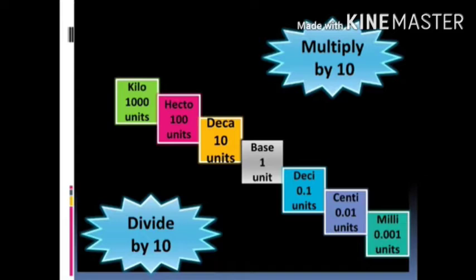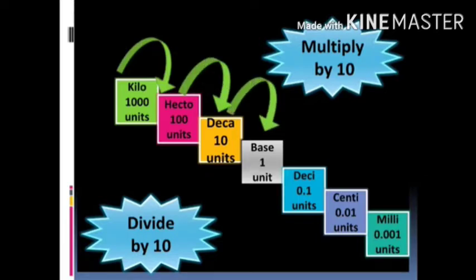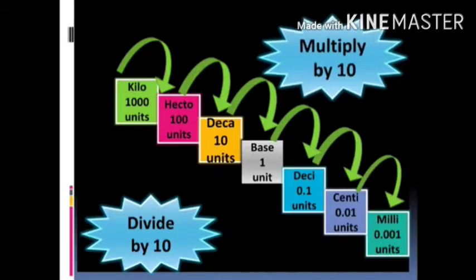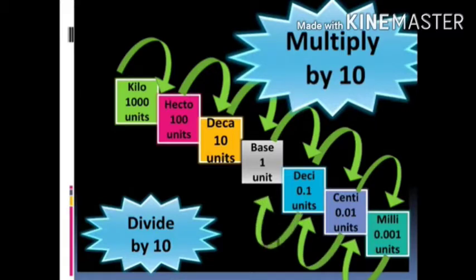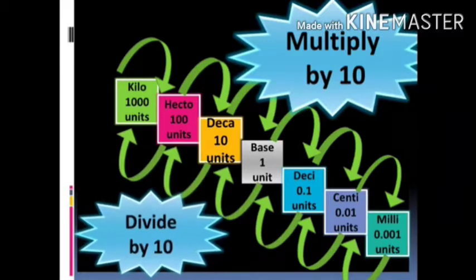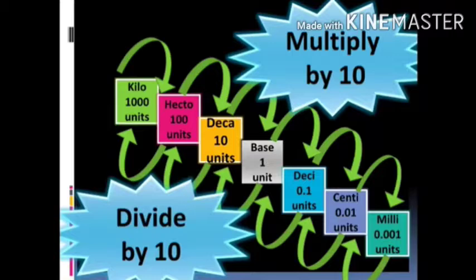When we convert higher unit to lower unit, that is kilo to hecto, hecto to deca, deca to base unit, base to deci, deci to centi, centi to milli, we have to multiply it by 10. When we convert lower to higher, that is milli to centi, centi to deci, deci to base, base to deca, deca to hecto, hecto to kilo, we have to divide it by 10.